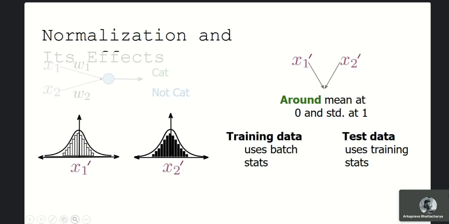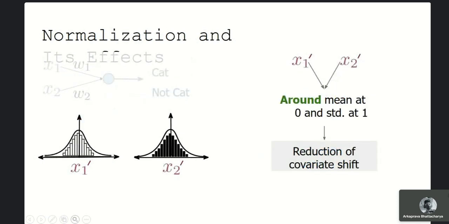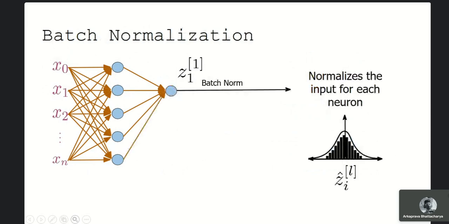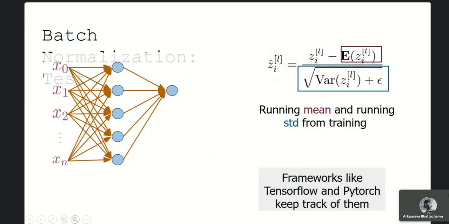So this is how batch normalization works, and its main advantage is in reduction of covariate shift. Covariate shift, I'll again repeat, is changes in the weights with the changes in the data distribution. So we don't have to actually do this process.